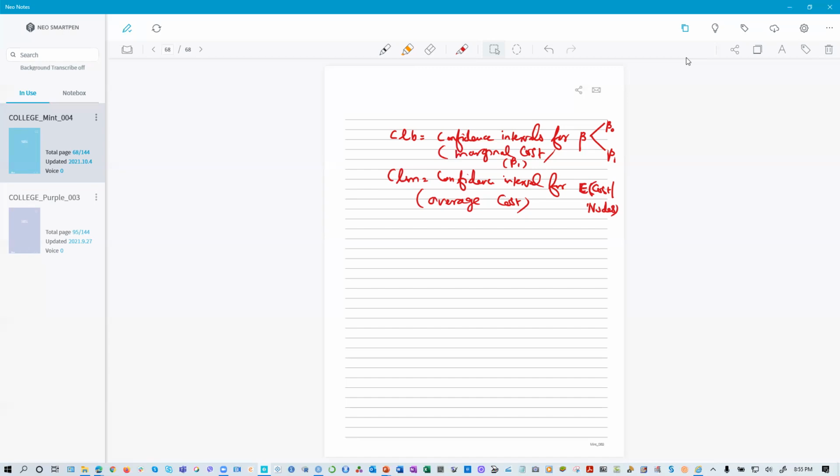Beta naught means the cost when there are no nodes, the cost for 0 nodes. So if you are looking for those two, you find the confidence interval for the betas.